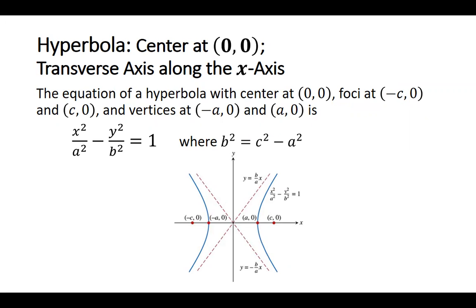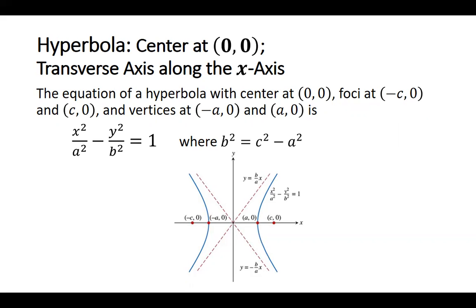So for the ellipse and for the hyperbola, c deals with the focus and a deals with the vertex, and they're measurements from the center. So it follows the same thought process.